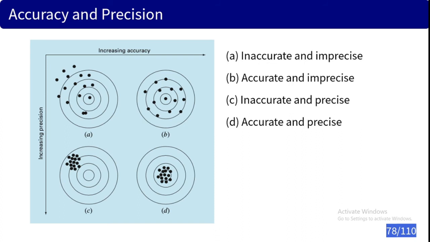And they are also very close to the bullseye. So we can say that in figure D, it is both accurate and precise. So accuracy and precision have significance in our computations, especially when we get values, then get the errors, then after the errors, compare the values to see whether they are close to each other or far from one another, which affects the significance of these computations.